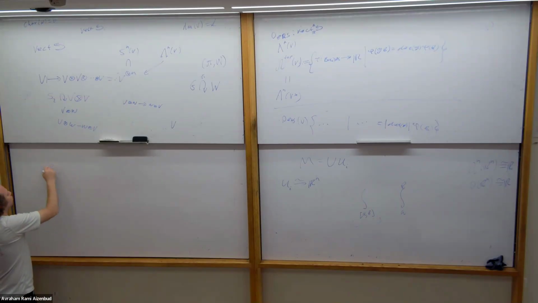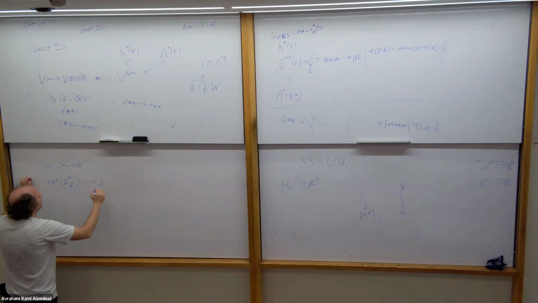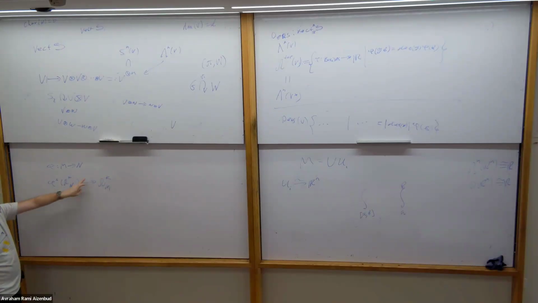If you have phi from M to N, then you have phi star of Omega^k of N. This is a new bundle. And we map from this to Omega^k of M. So this is the pullback of differential forms. I think this is the correct direction.